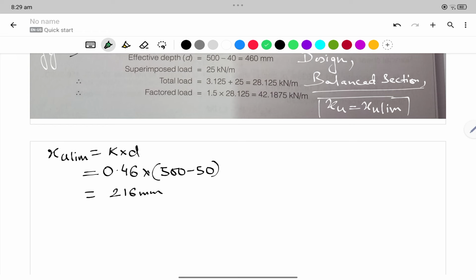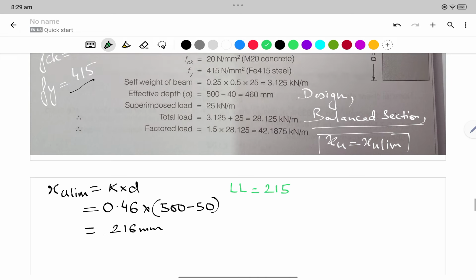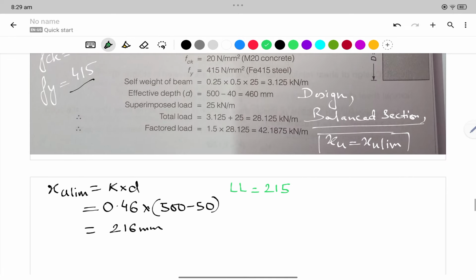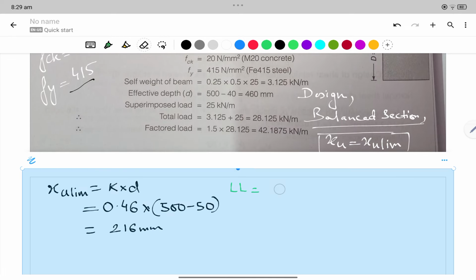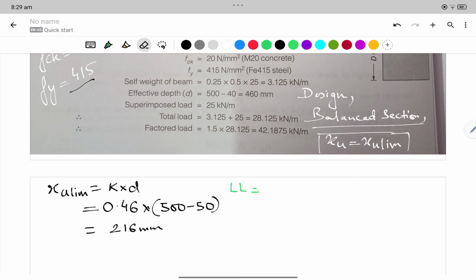See here, the live load is given as 25 kilonewton per meter. So we have to calculate the self weight.